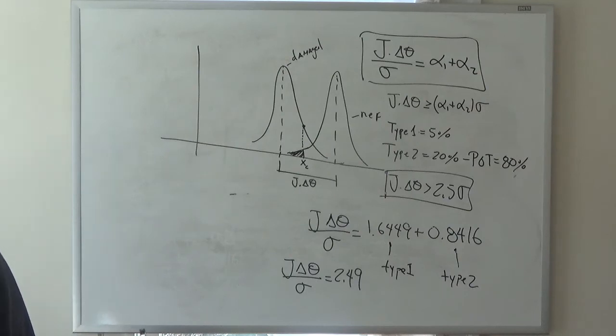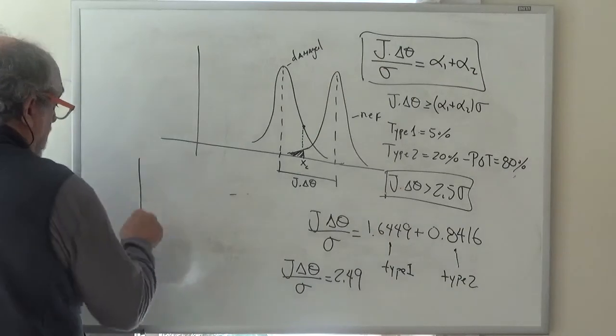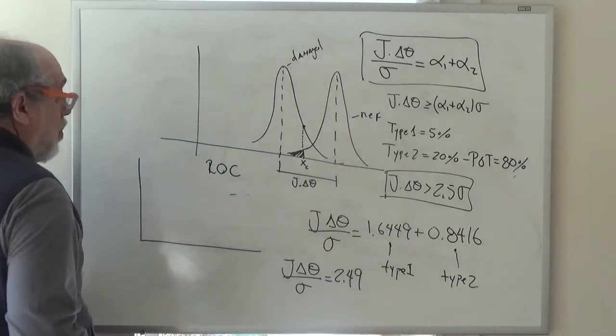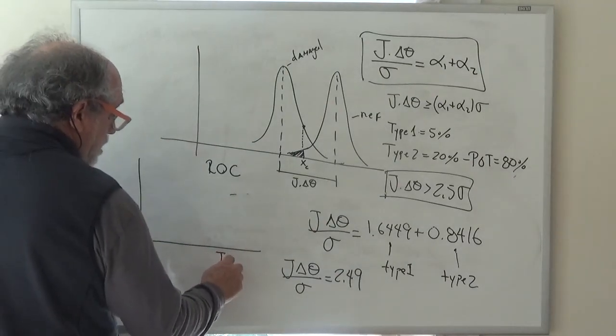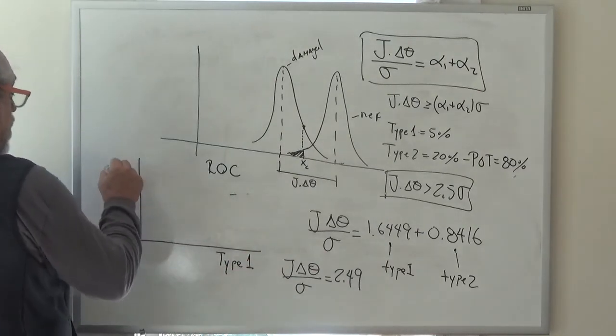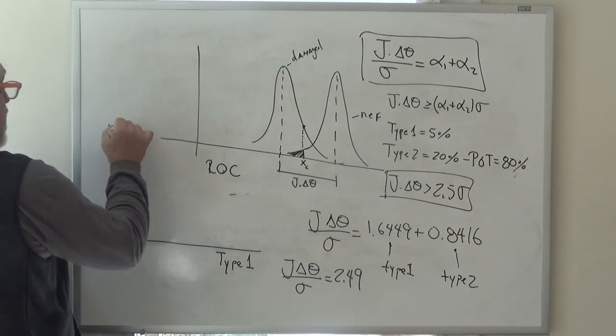There is something else which is called the ROC curve, and that's called the receiver operating characteristic. It's called the ROC, receiver operating characteristic curve. That curve simply plots the type 1 error over here and the power of the test over here, which is the same thing, of course, as 1 minus the type 2.